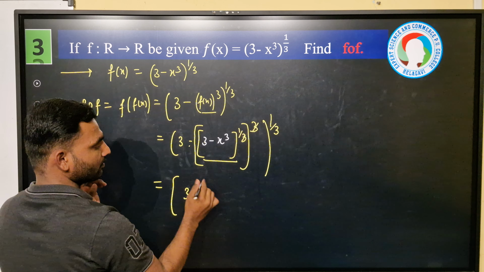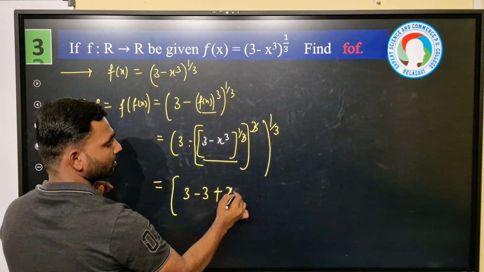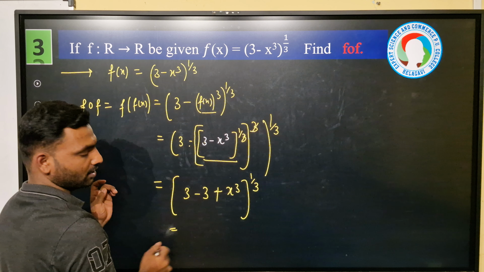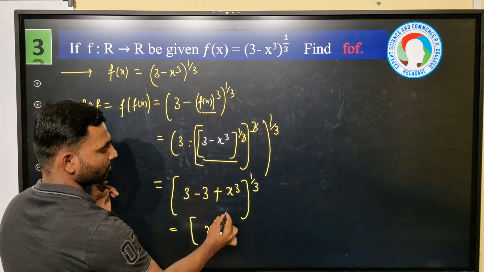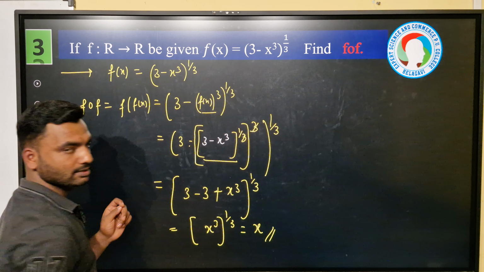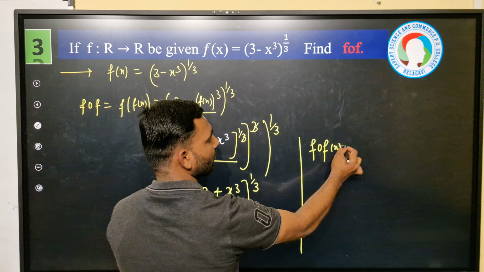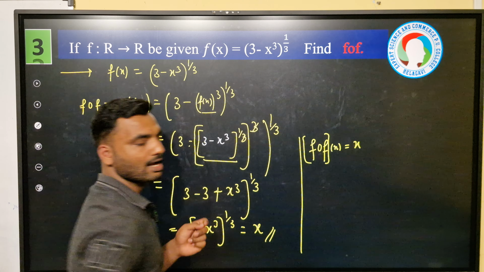So minus, plus becomes minus, minus minus becomes plus, the enemy of the enemy is a friend, to the power 1 by 3. 3 minus 3 is 0. Then 0 plus x cube is x cube to the power 1 by 3. 3 gets cancelled. So x is your answer. So f of f of x is nothing but x. Clear? So this is your answer.